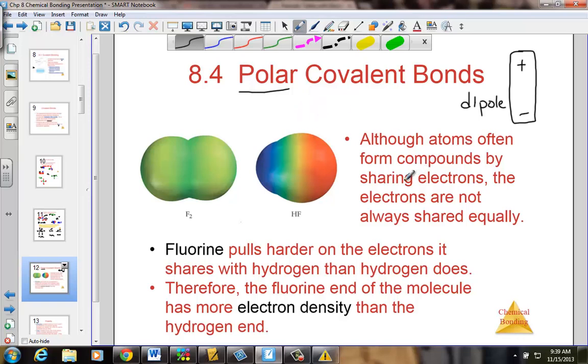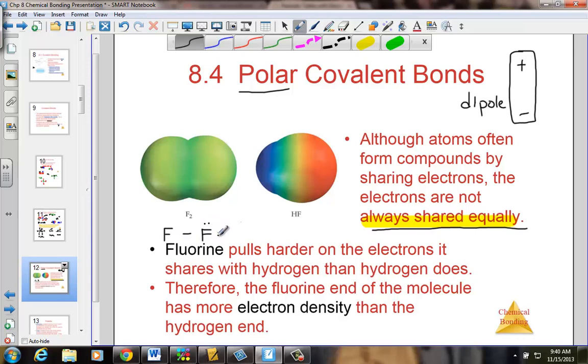Although atoms often form compounds by sharing electrons, those electrons are not always shared equally. If I have an electron being pulled towards a more electronegative element, we'll see a region set up that's more negative and a region set up more positive. Here's an example of molecular fluorine. So just simply a fluorine attached to itself.